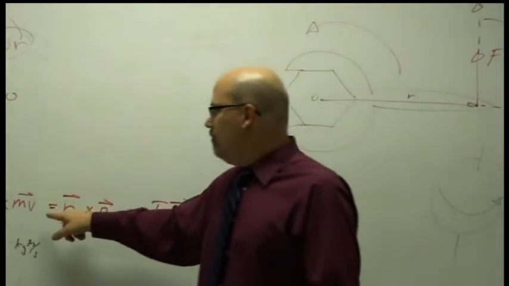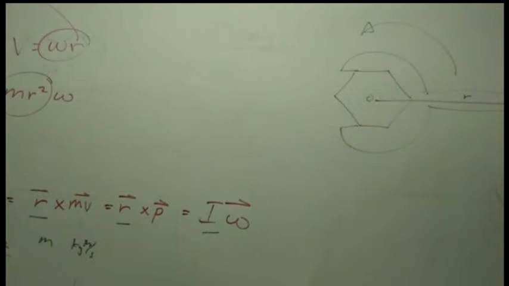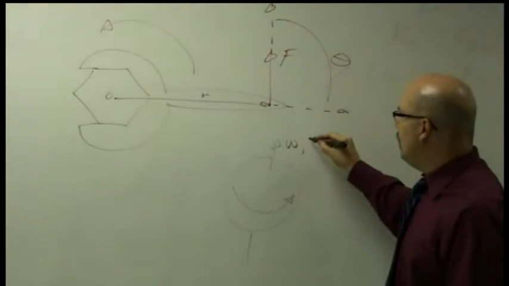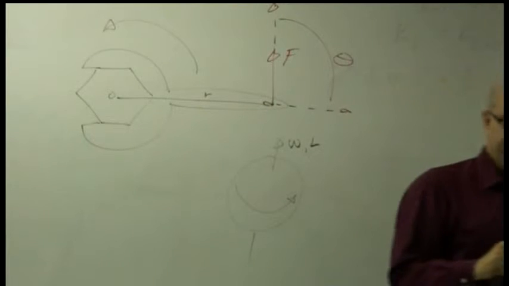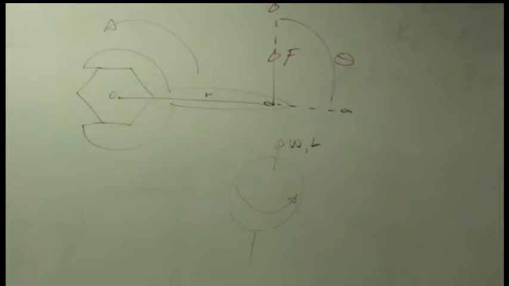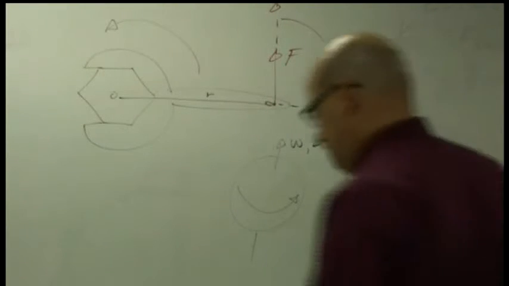Or you could do r cross mv if you want, but it's easiest to say this is the direction of omega, so that's also the direction of the angular momentum. They will have the same direction.